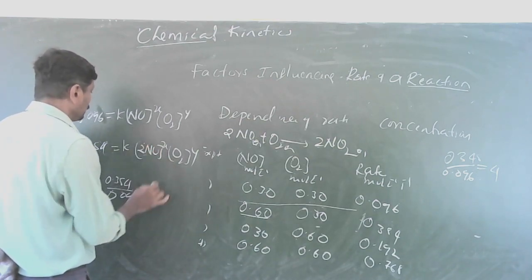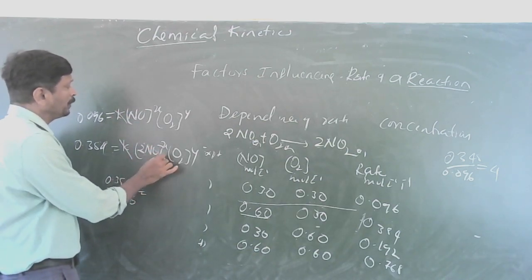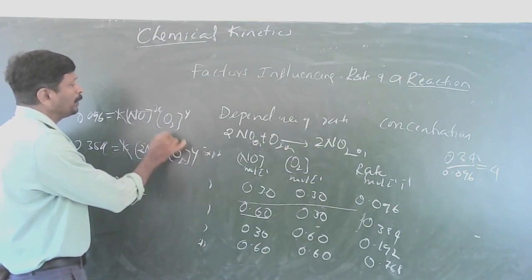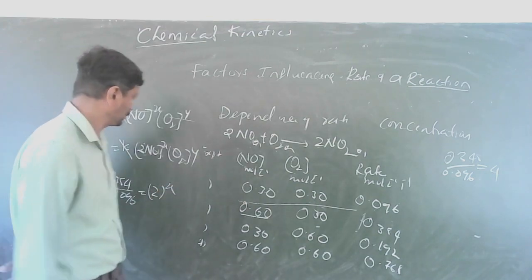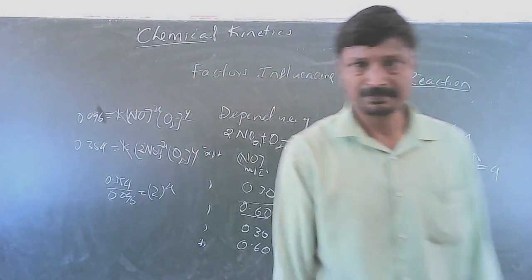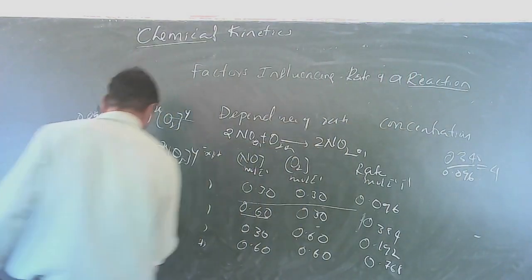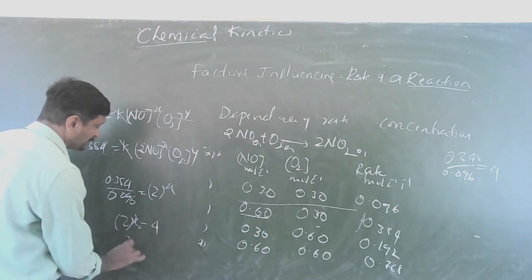K cancels, NO to the X cancels and O2 to the Y cancels. What you get is 2 to the power of X. So 2 to the power of X is equal to 4, therefore X is equal to 2.